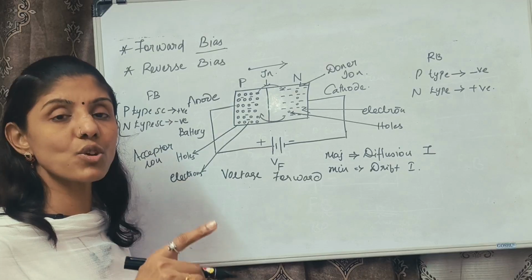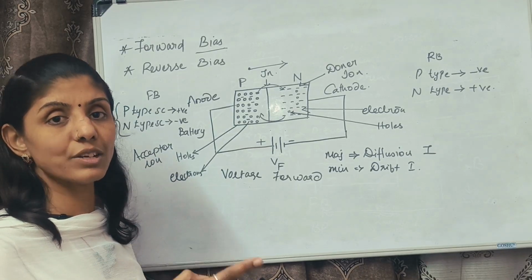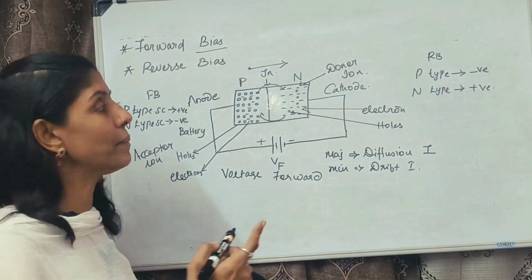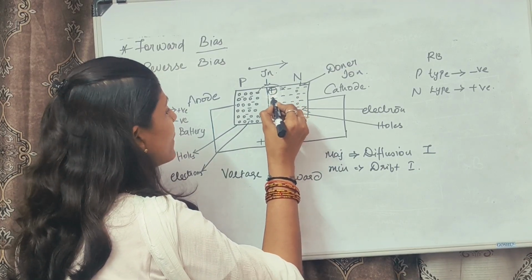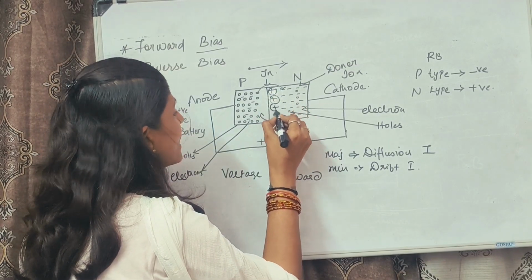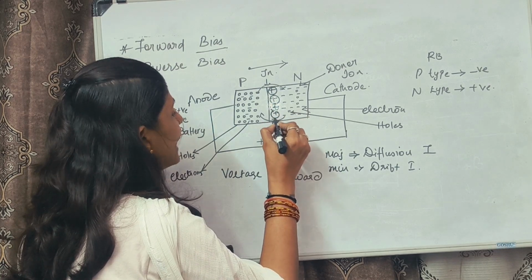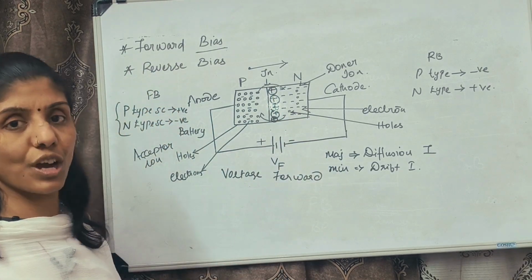If the electrons are missing, automatically positive ions will be produced here. So the positive ions will get accumulated near the junction.